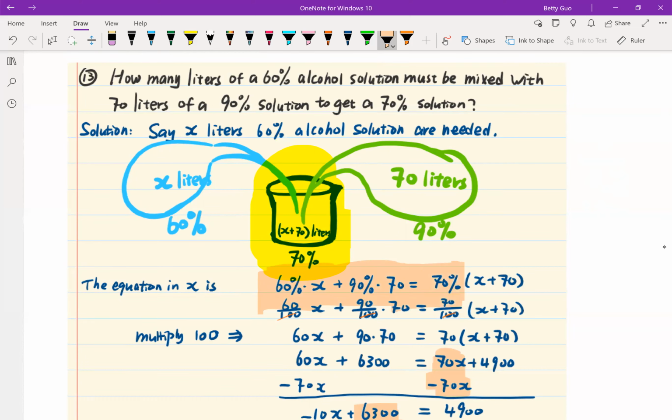That is 70% multiplied by x plus 70 in the parentheses. So this is the equation. You can pause and repeat and try to figure out why the equation holds. 60% of OF means multiply. That's why we have 60% times x, and we have 90% times 70.